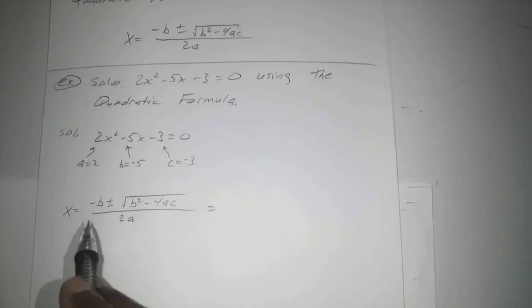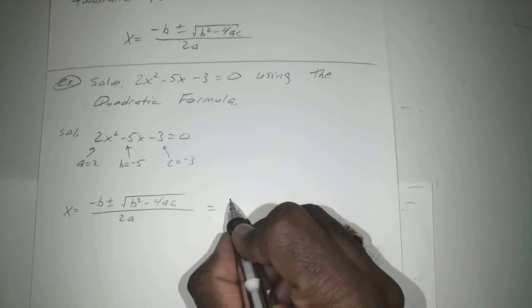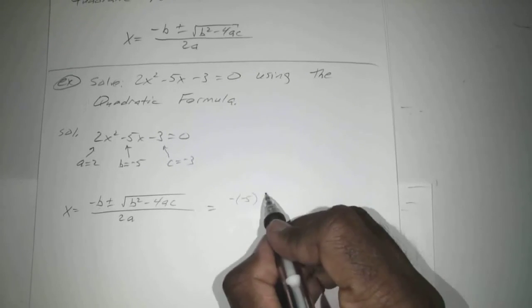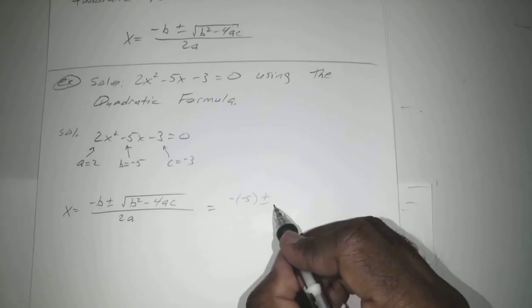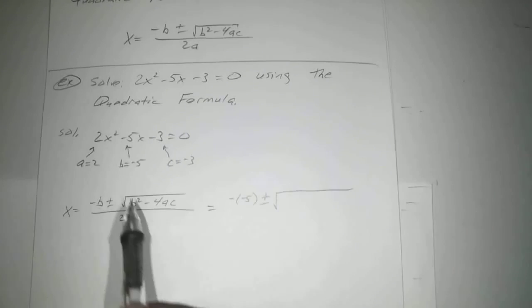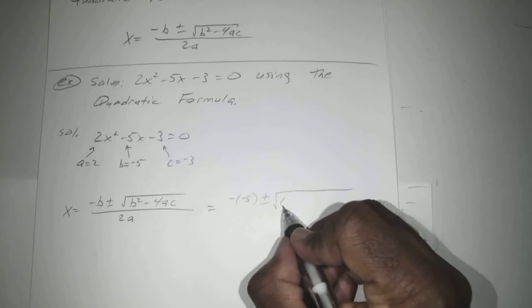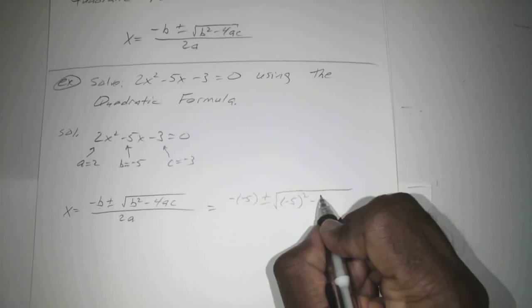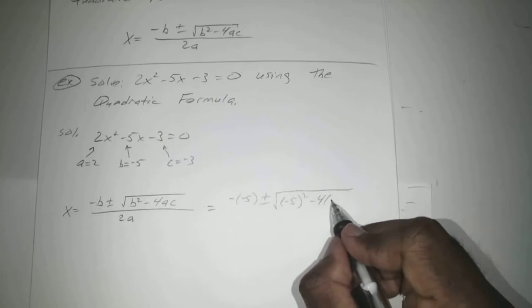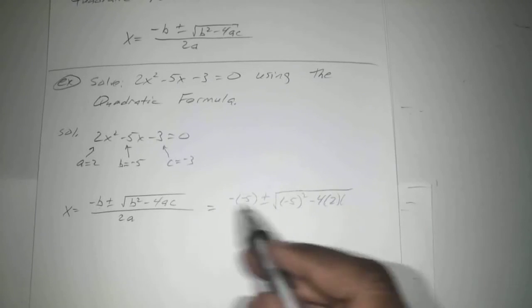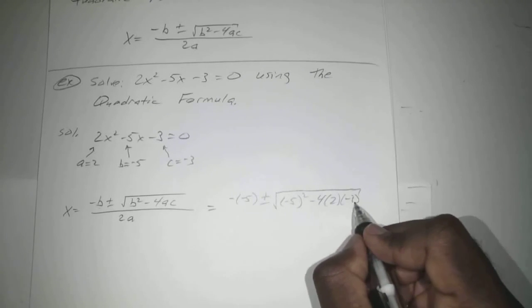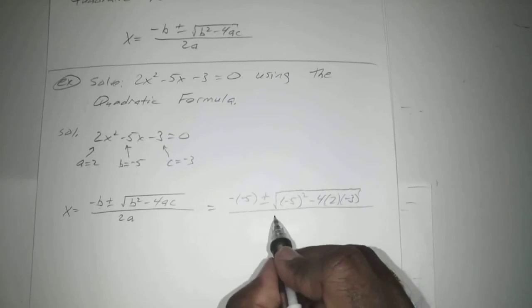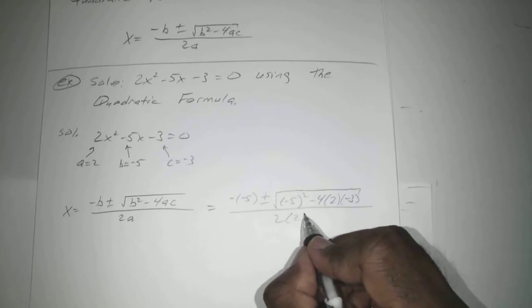So that means negative b is going to be negative negative 5, plus or minus the square root of negative 5 squared minus 4 times a times c, all over 2a.